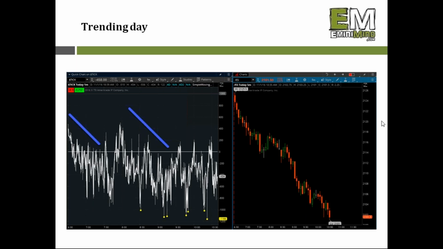So rather than selling the low, trying to chase it or sell the breakdown, if you will, I would much rather be a little bit more patient, let the bounce occur, and then just look to get short on a relatively high tick.